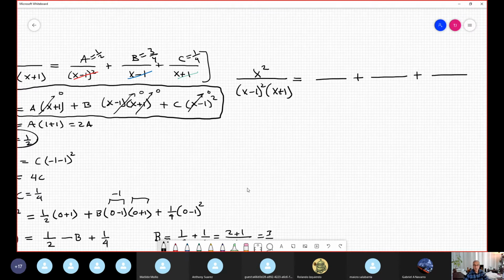The factor in the denominator is x minus 1 squared, x minus 1, no necessary parentheses, x plus 1. And the factor here is 1/2. So I recommend putting 1 here and 2 here, because it's equivalent. So you can write like that if you want.